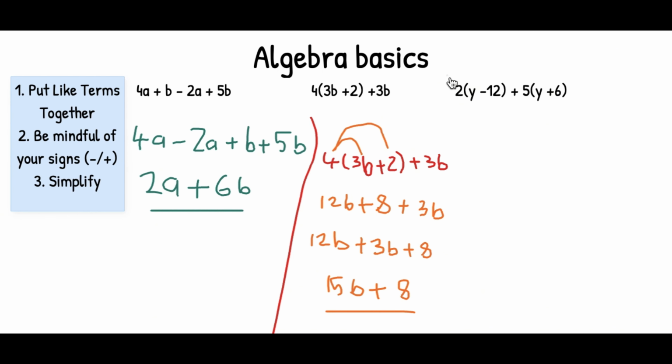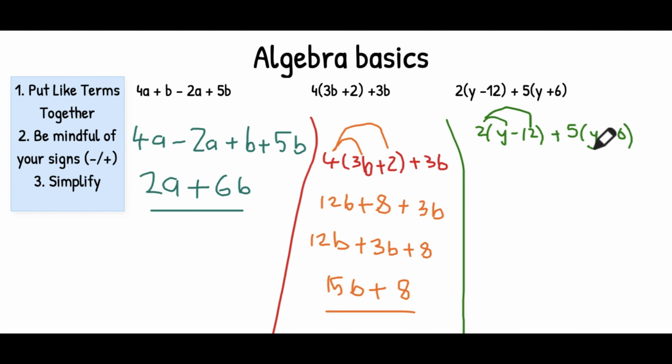Now let's look at the next one. It's a bit long, so we need to write it down. Let's write down our facts. We have 2 open bracket y minus 12 close bracket plus 5 open bracket y plus 6 close bracket. All right, remember what I told you? The 2 multiplies the y, and that same 2 multiplies the 12 there.